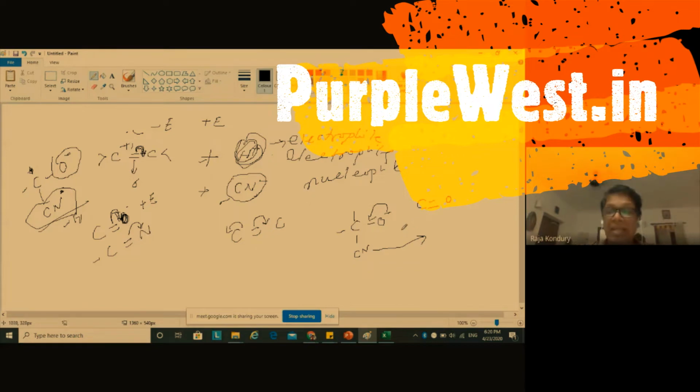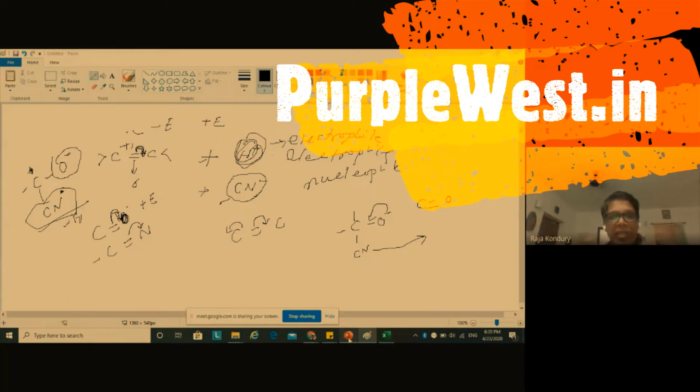So it means that the effect is temporary. As long as you have that external reagent or attacking group present, the pi electrons shift from the less to the more electronegative atom. The moment the attacking group is removed, they retain their original structure. Is that clear now? Yes.